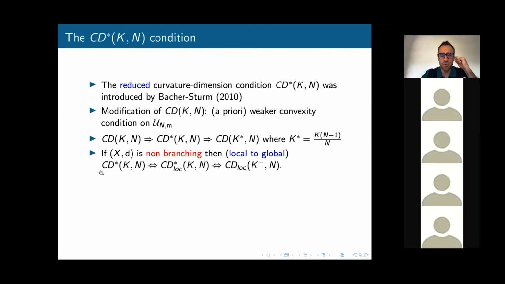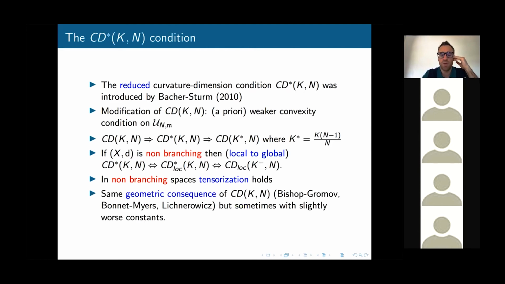So the CD* condition holds globally if and only if CD* holds locally, and this is equivalent to the CD condition, the stronger one, holding locally for every K' less than K. Moreover, it also satisfies nice properties like tensorization: if you have the product of non-negative Ricci curved spaces, the product is still non-negative Ricci curved.